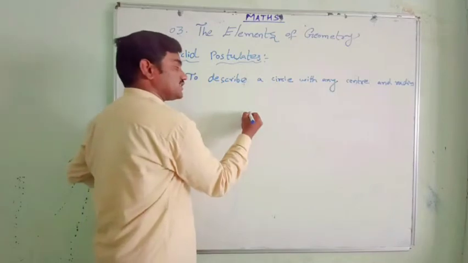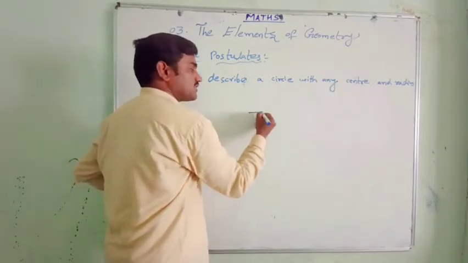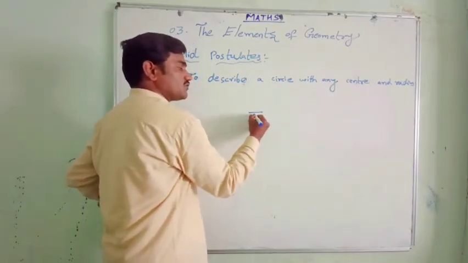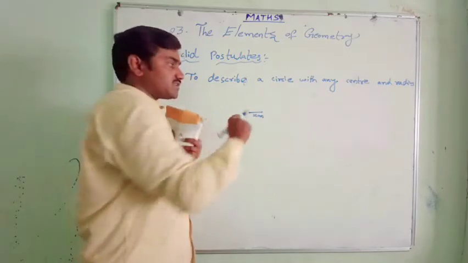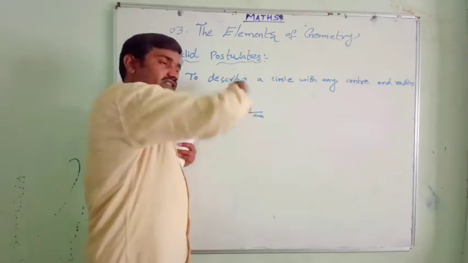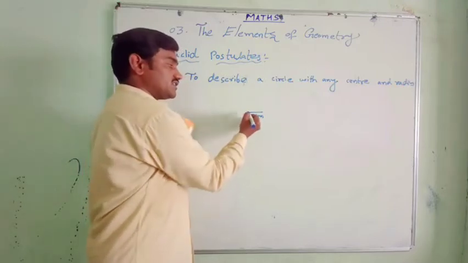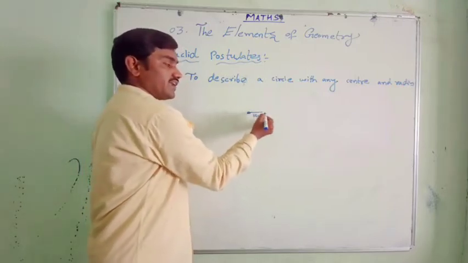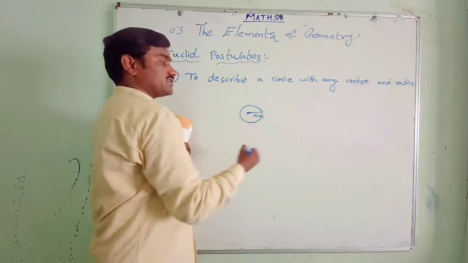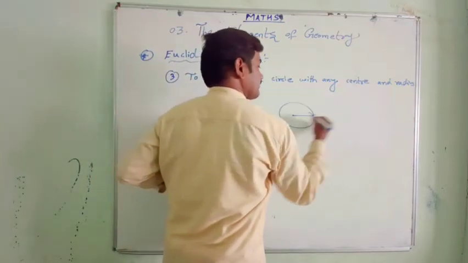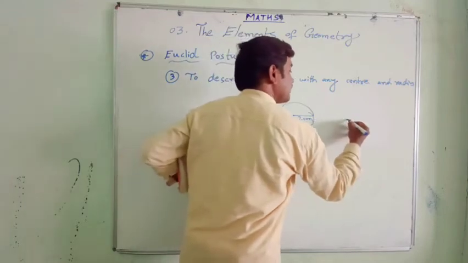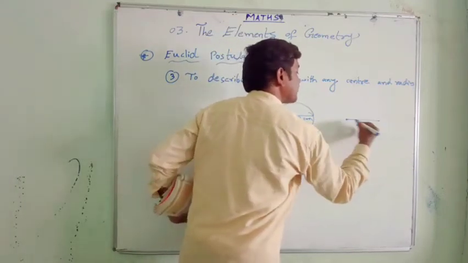So if we have one center point and some radius, suppose 1 centimeter, take a 1 centimeter radius on the compass and draw a circle. To draw the circle, definitely we require one center point and some radius. Then only we can describe a circle. Suppose 2 centimeters, suppose 3 centimeters of a circle.